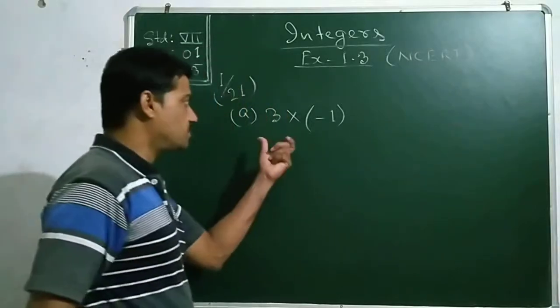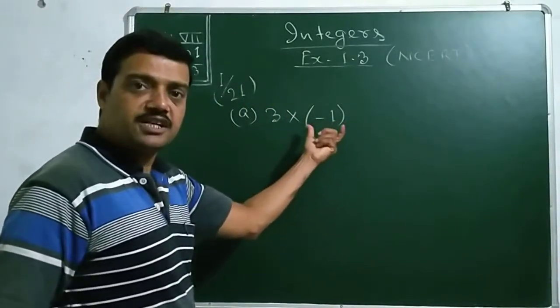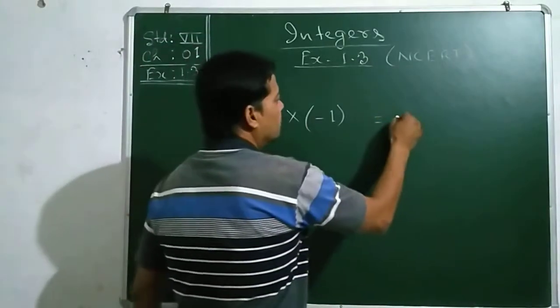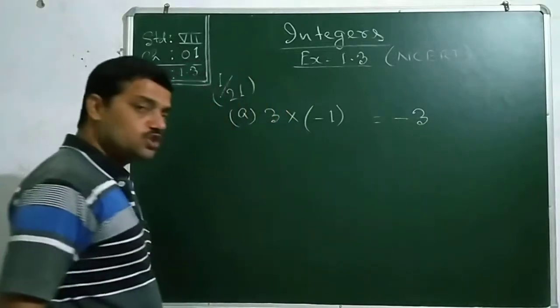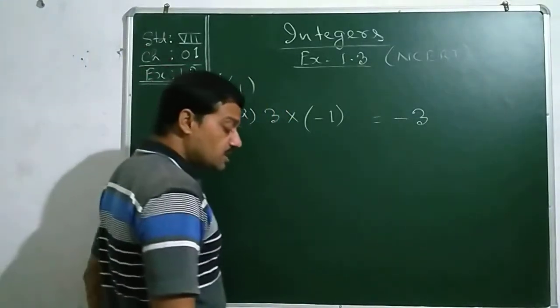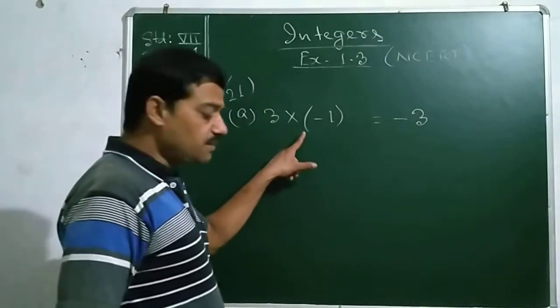I already explained that the product of one positive and one negative integer will be a negative integer. Following these rules, you can solve all the sums of question 1. In part B, you will get a similar sum.